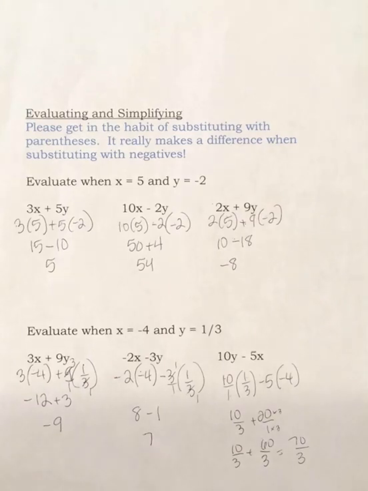So again, with evaluating, substituting in, be sure to use parentheses. Sometimes it seems like it's pointless, but many times it's absolutely necessary to keep everything straight. Pay close attention to your variables and the order in which they're presenting themselves in the problem because you don't want to mix them up.